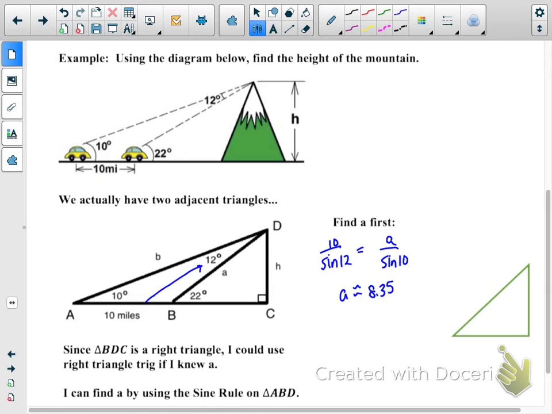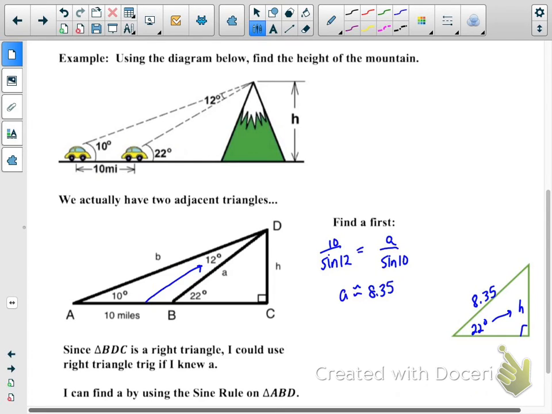Now, in this case, honestly, I used the 8.35. I didn't use an exact value, although I really probably should have. 8.35, we can see here in a minute how much of a difference that would make. 22 degrees and h. Now, to find h, this is a right triangle. So you could use law of sines with this 90 degrees here and so on, but honestly, I think right triangle trig is easier.